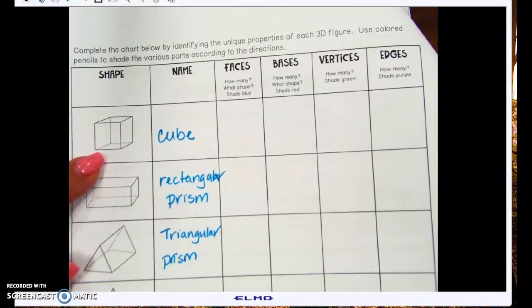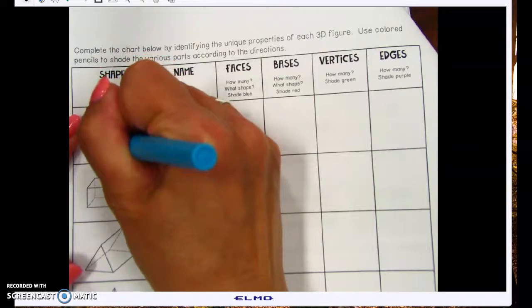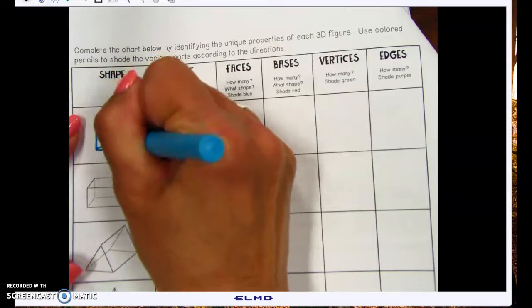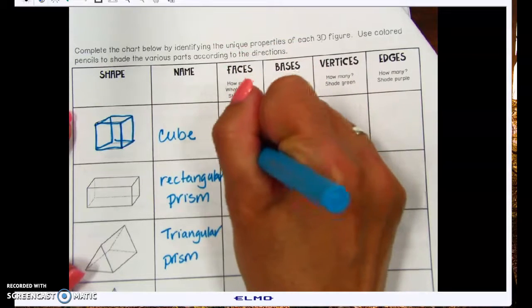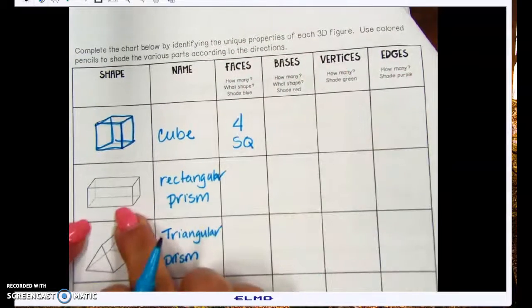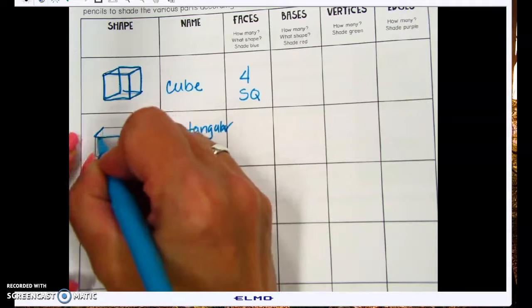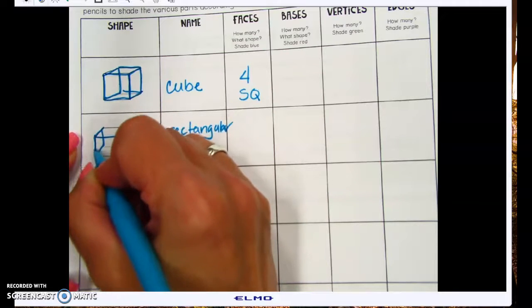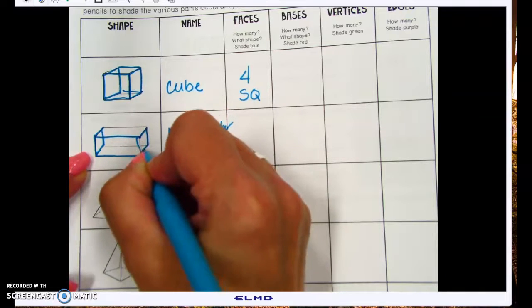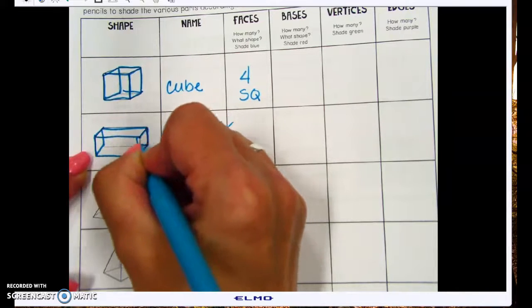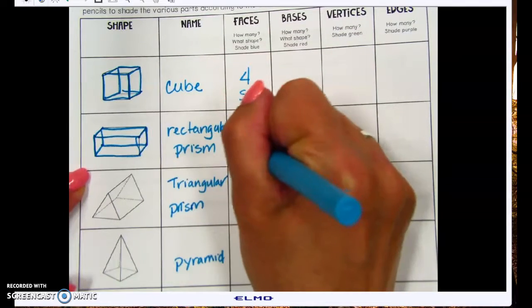How many faces are on this cube? So this is a face, this, and then this. So we have 4 squares. How many faces are on the rectangular prism? 1, 2, 3, and 4. 4 rectangles.